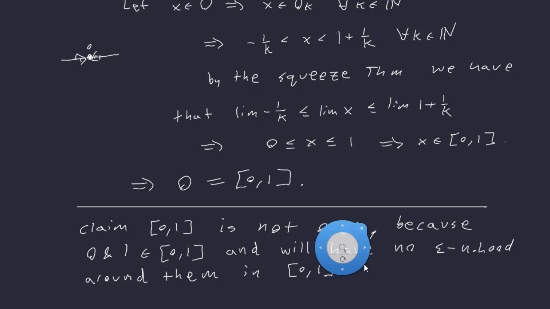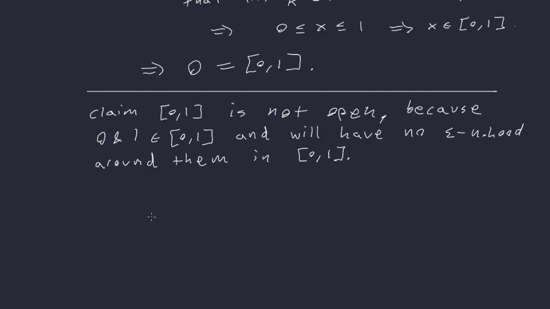For example, right, here's 0, here's 1. If I'm looking at 1, any epsilon neighborhood I choose is going to take elements outside of the set. No matter how small I get epsilon, the epsilon neighborhood around it is not going to be completely contained inside the set.